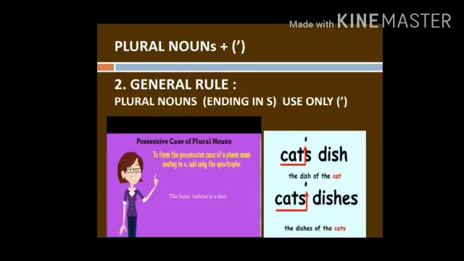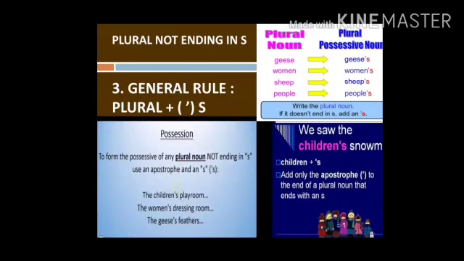So plural nouns which are ending with s, we will just put the apostrophe after. Teachers, any word which is ending with s, we will just put the apostrophe after that. So in singular we are putting it before, and in plural we are putting it after.